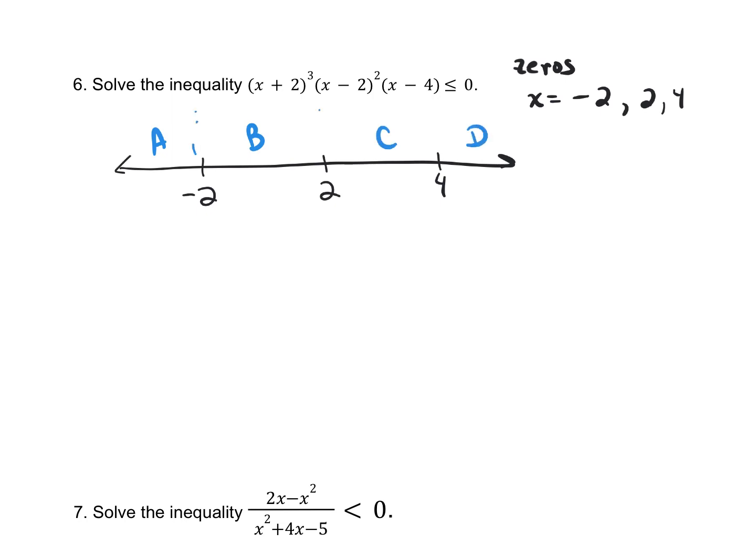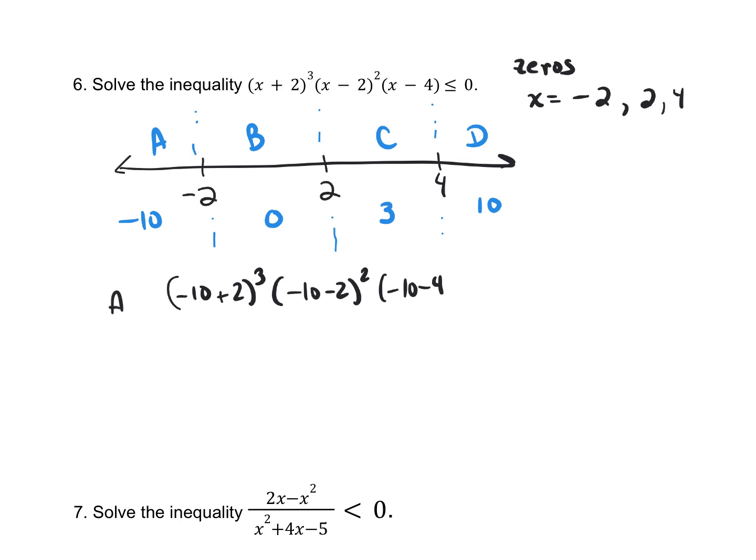So the goal is to pick a number in each region and see if it's negative or positive. So I'll pick -10, that's less than -2. A number between -2 and 2 is 0. A number between 2 and 4 is 3, and then we'll go with 10 as a number bigger than 4. So for region A, I'm going to plug in -10. So I'll get -10 plus 2 to the third times -10 minus 2 to the second times -10 minus 4.